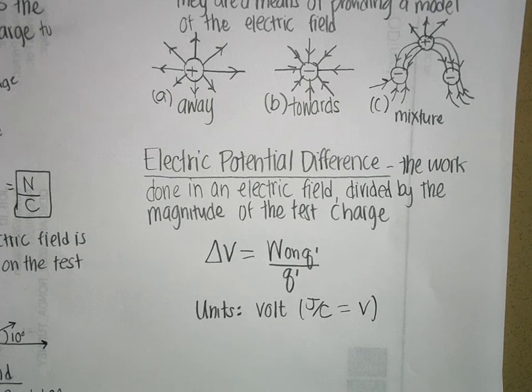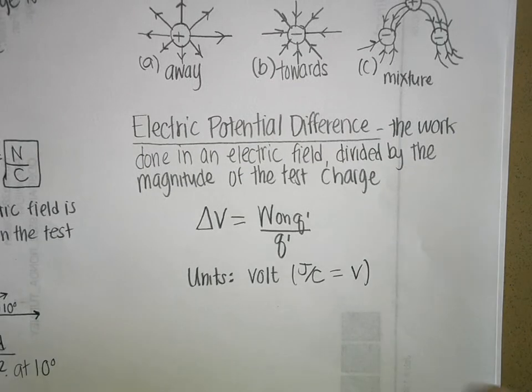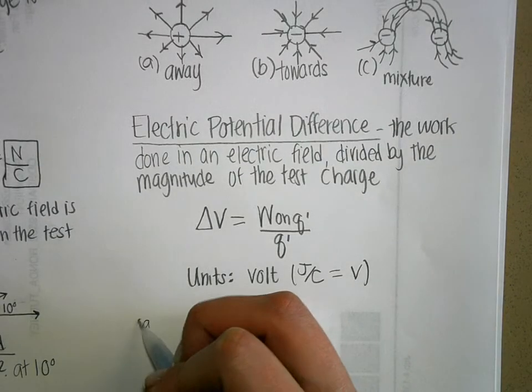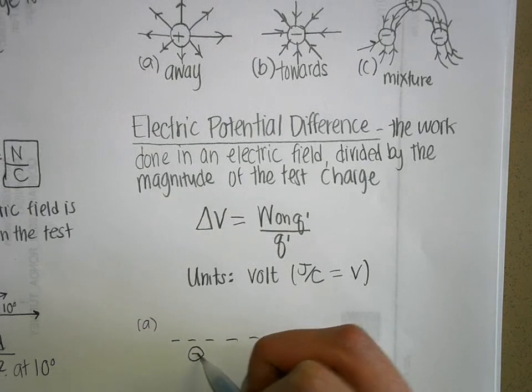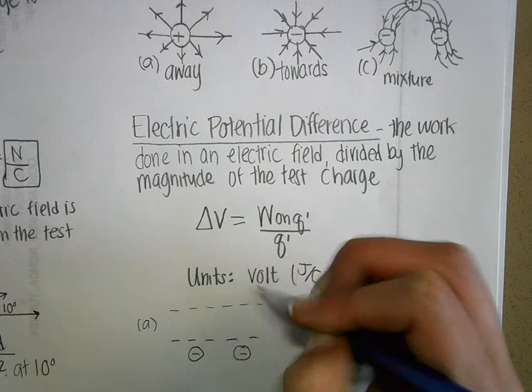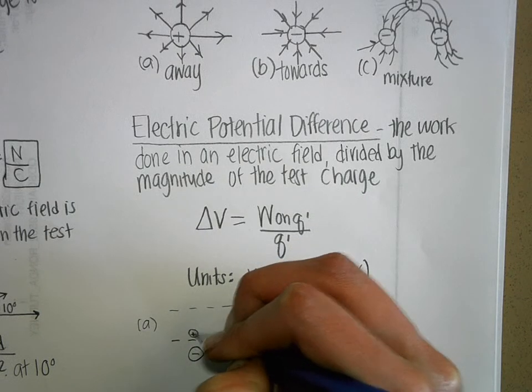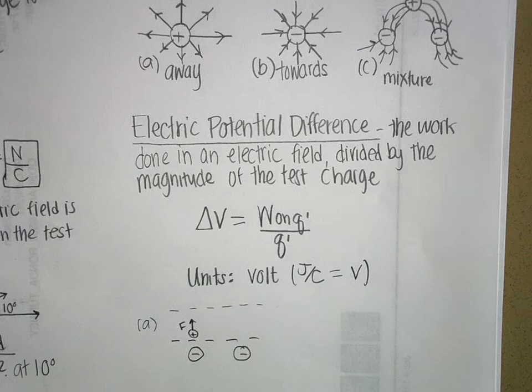So I'll draw you a picture of what this looks like. So we can have two charges here, two negative charges. I'm going to have a little test charge right here, a positive test charge. That arrow represents the force on the test charge.